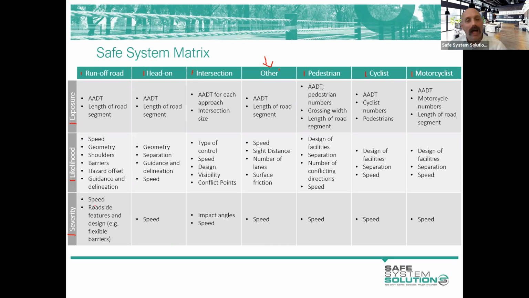But a lot of the time, our roads have been set up and designed, and they're catering for that heavy vehicle. It's just when mistakes happen, the severity is way higher. So you will see in safe system assessment matrices, when people have been dot pointing out different things, that, for example, head-on, we've got speed, but they might put percentage CV high.